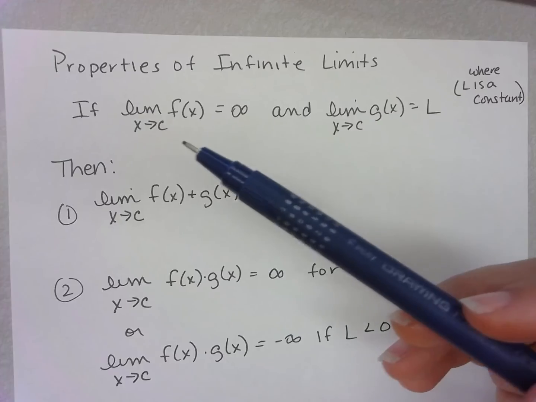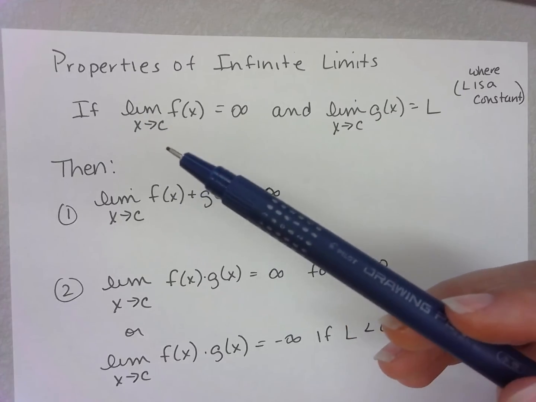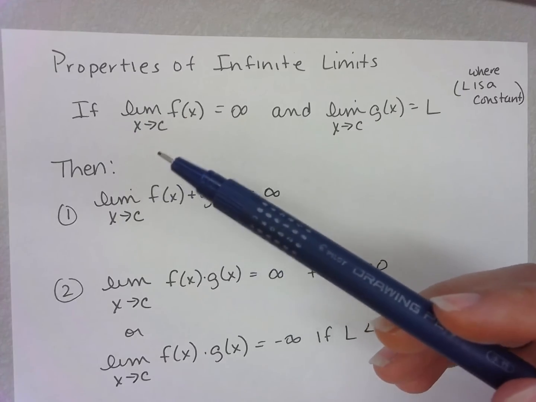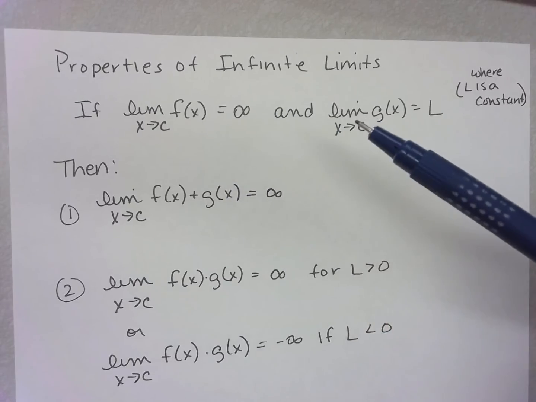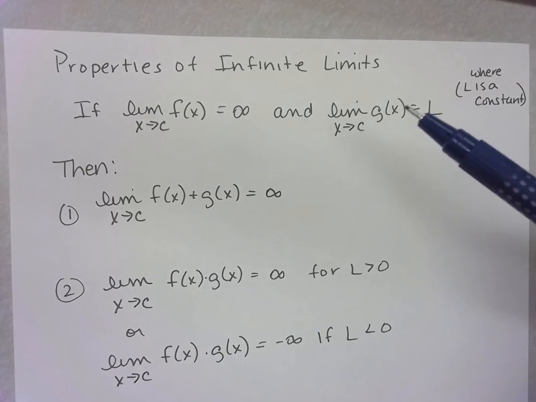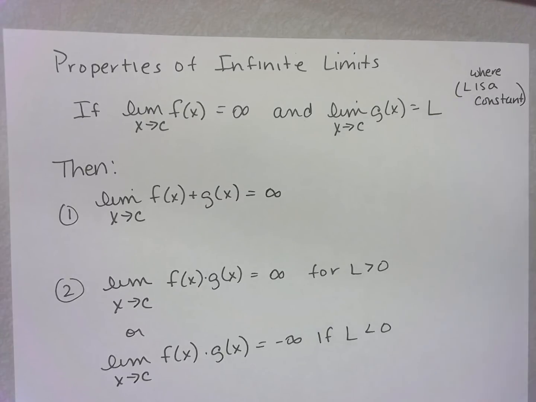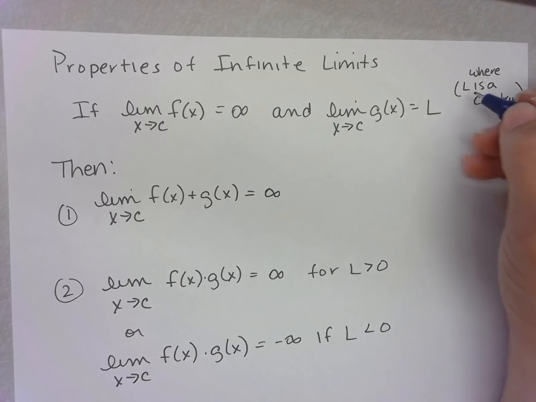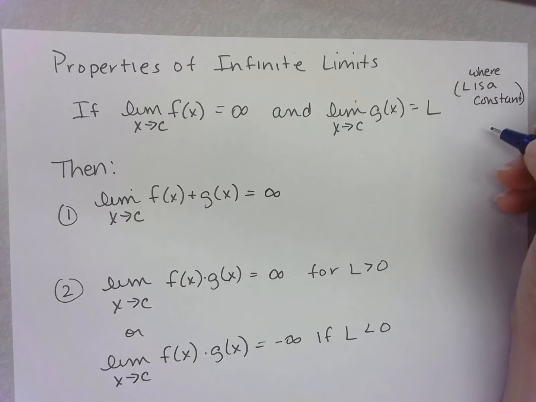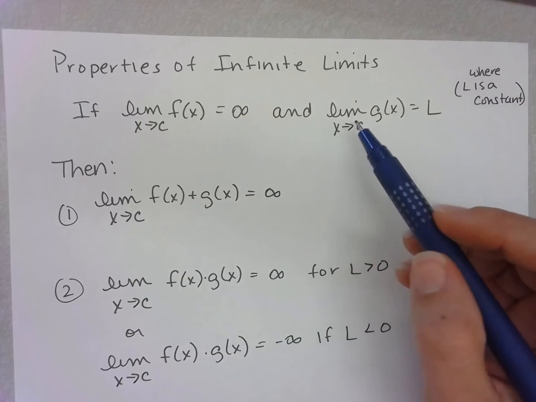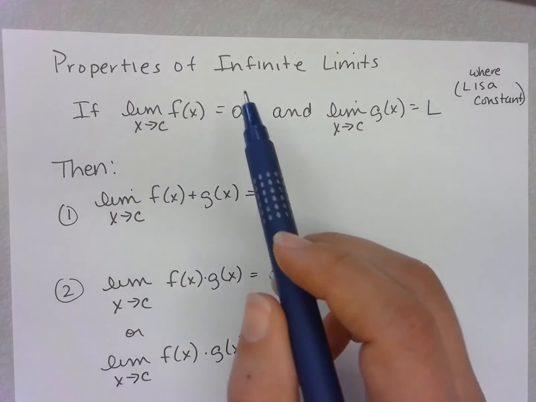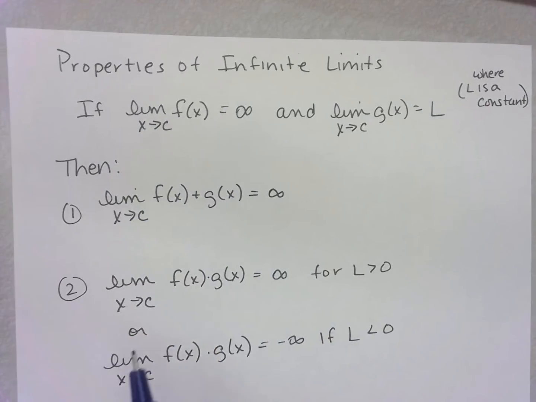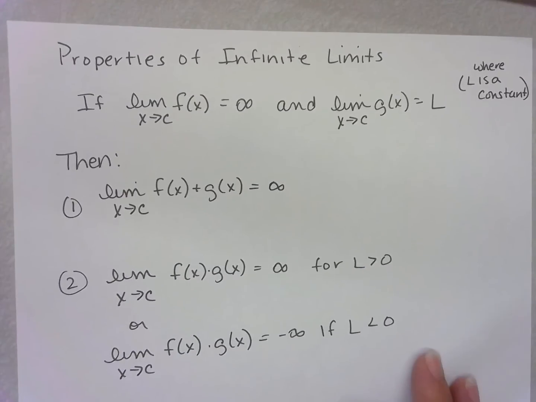So if I have the limit of f as x approaches c being infinity, it's an infinite limit, and for g, the limit exists and it's a specific number, so L is a constant. That's what I meant by this little blurb over here. This limit exists and it's a specific number. This limit is infinity, it really fails to exist. So these are just some properties when we use infinity.